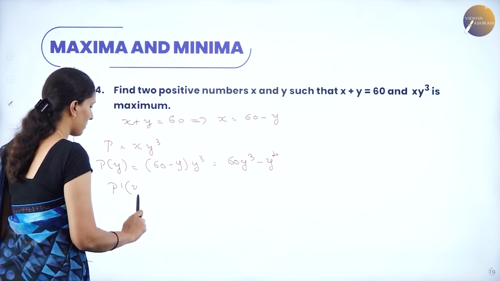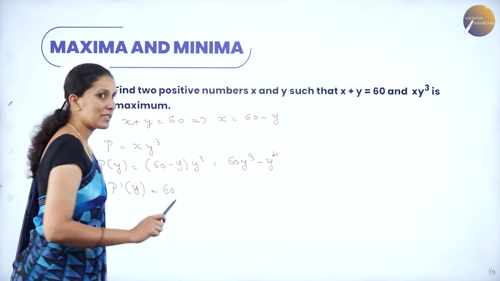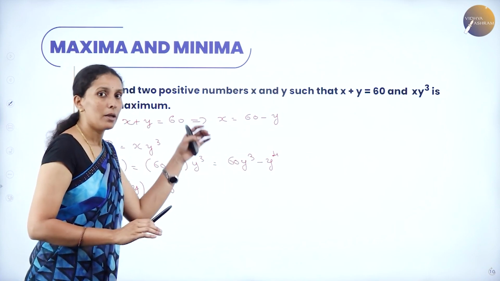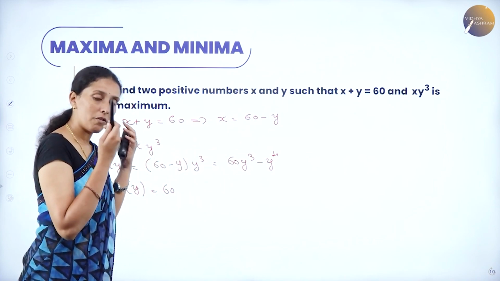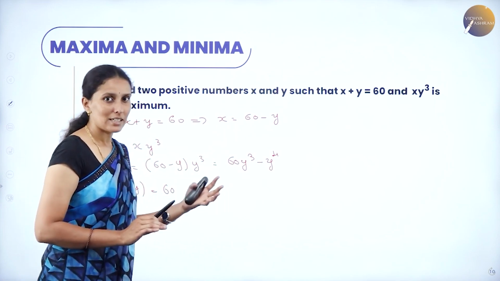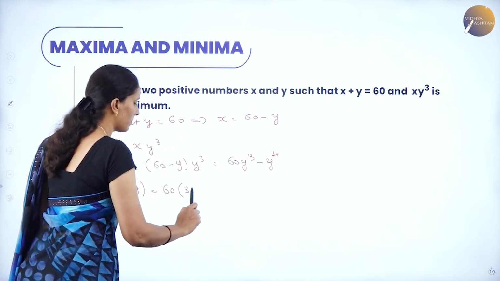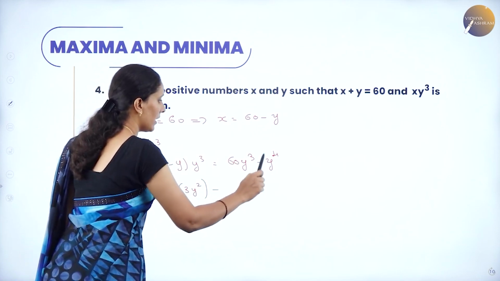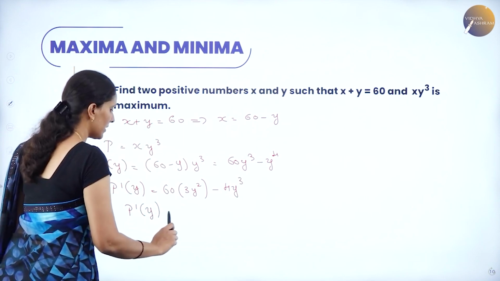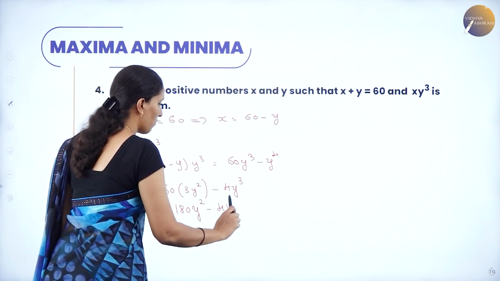P dash of y becomes here 60, derivative of y cube is 3y square. No need to write down dy by dx when you are differentiating y, because here we have taken the function in the form of y and we are deriving with respect to y only. So, derive as it is, as you have derived x previously. So, it becomes 3y square minus, here it becomes 4y cube. So, P dash of y is equal to 180 y square minus 4y cube.